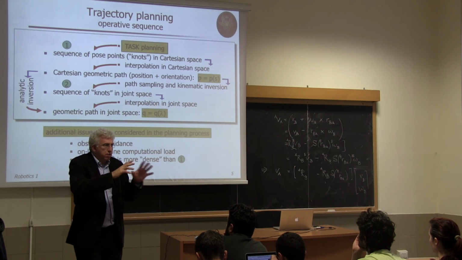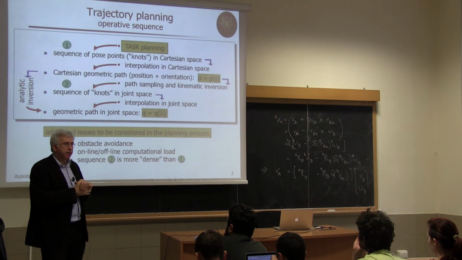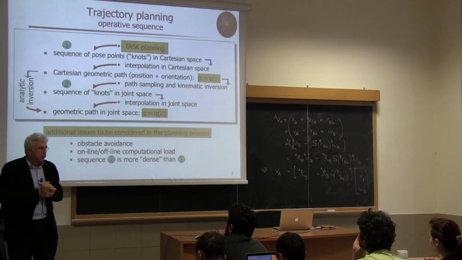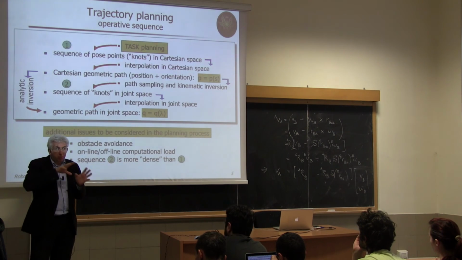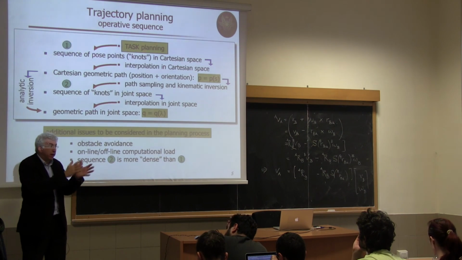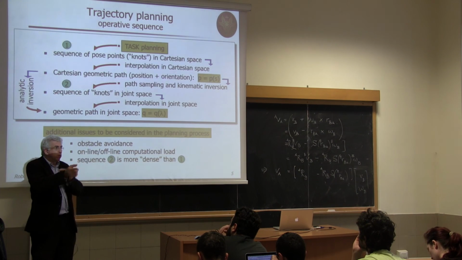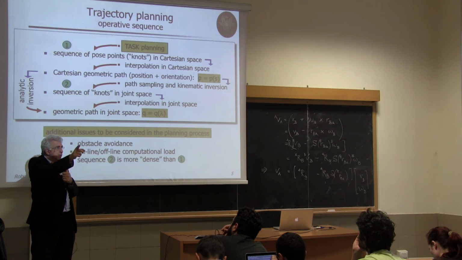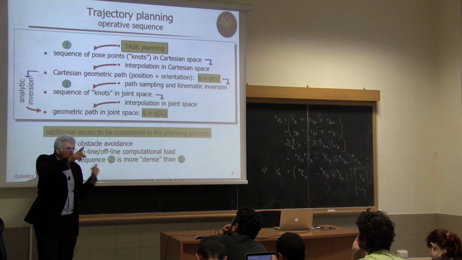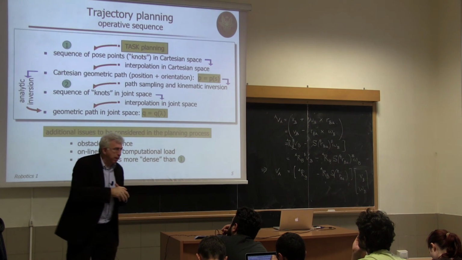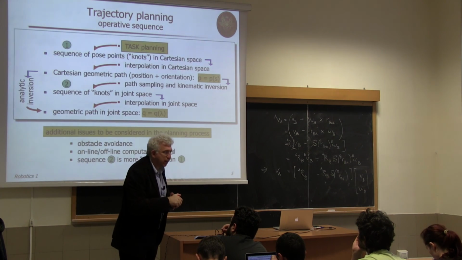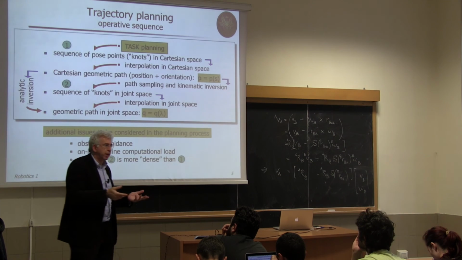But you have lost control on what's really happening in the Cartesian space. So if a sensor tells you that you're getting closer to some unexpected obstacle, you have to modify your joint trajectory without knowing exactly what will happen to the Cartesian end effector trajectory.